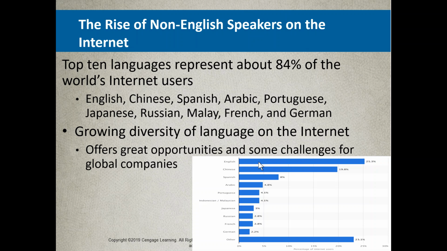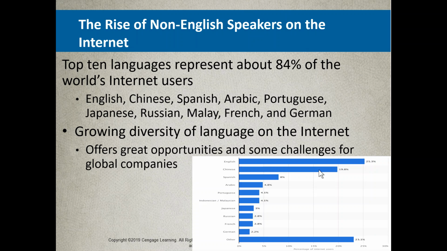But 25% of the internet is English, which 20 years ago was like 90% English. So as globalization becomes more and more prevalent online and accessible to more and more people, of course, English is going to diminish over time, which is interesting.